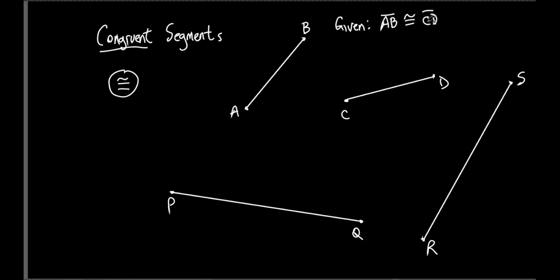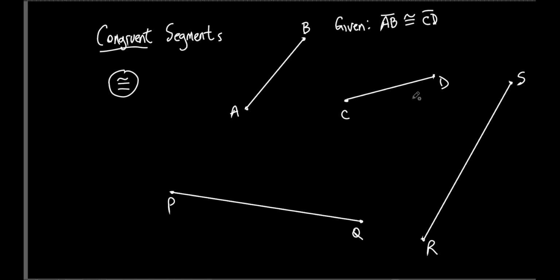If they tell you this, then you know that these are exactly the same length. Are they the same line segments? No, they're different line segments. This one's over here, slanted this way. This one's over here, completely different line segment, and slanted a different way. Even if they were slanted the same way, they would still be two completely different line segments. So we don't say that they're equal to each other.